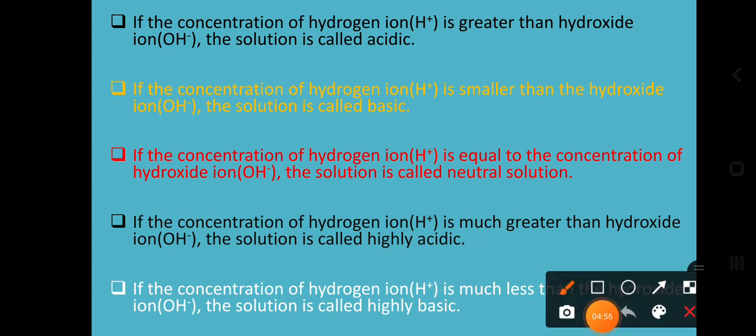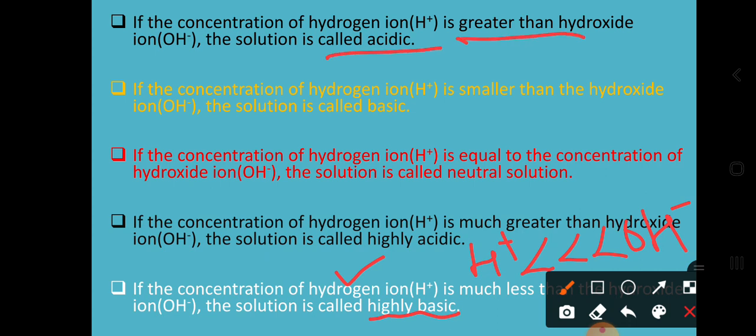When the concentration of hydrogen ions is much less than the OH- ions, it is highly basic in nature. So you have to keep these five points in mind: if the concentration of hydrogen ions is greater than hydroxide ions, it is acidic. If it is smaller, the solution is basic in nature. If they are equal, it is a neutral solution.